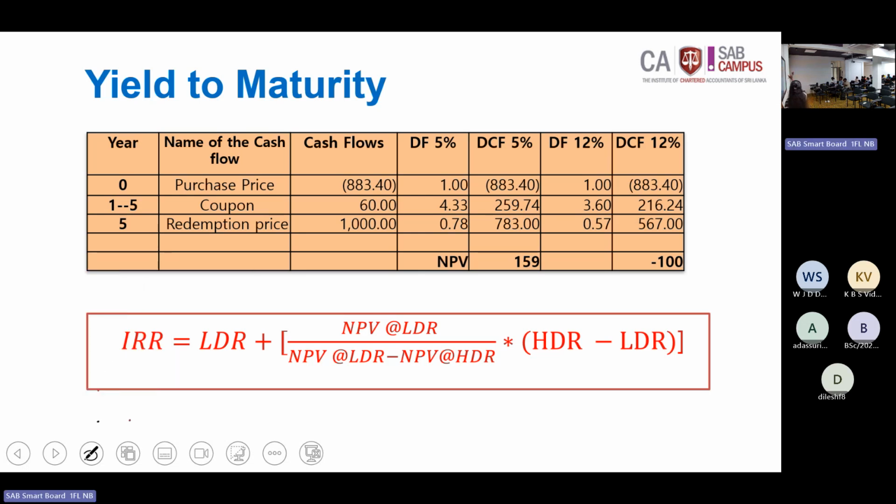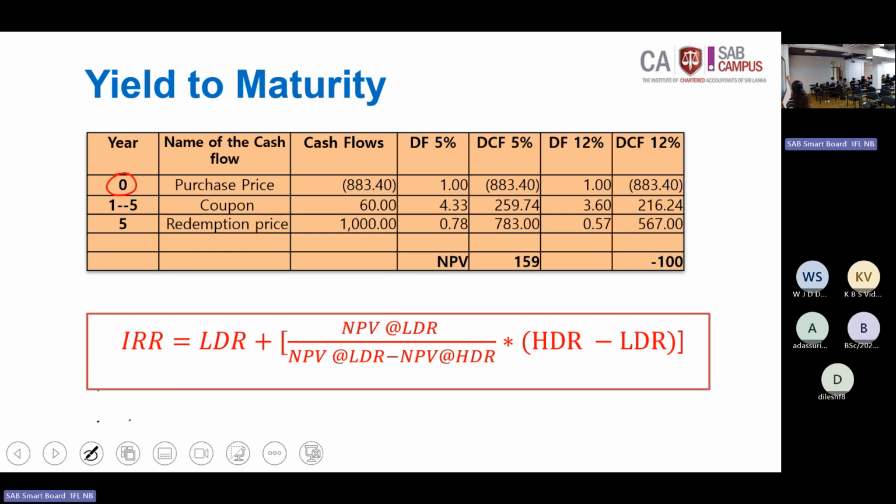And the first column here. We can identify year 0 also has a cash flow, so we are going to calculate the NPV. Therefore here 0, first year to year 5, and the last year is year number 5.